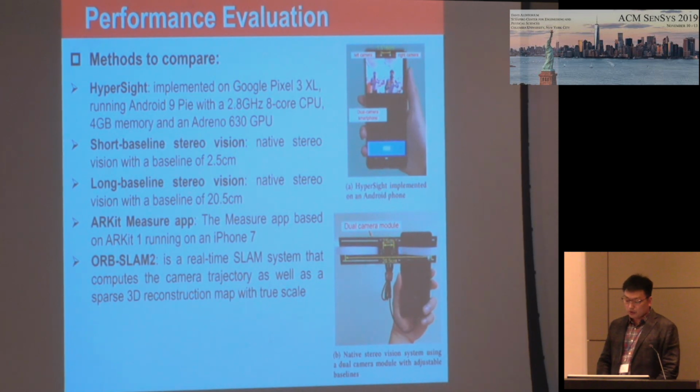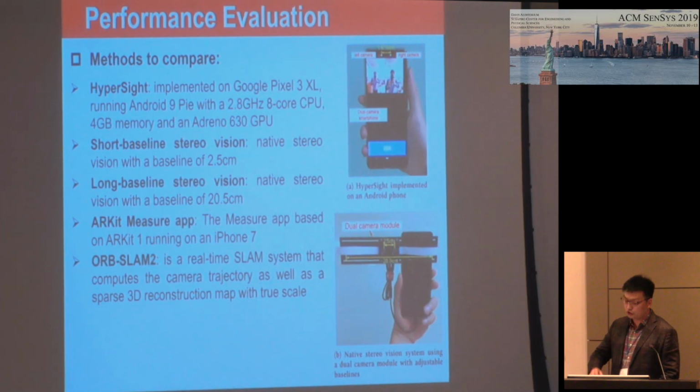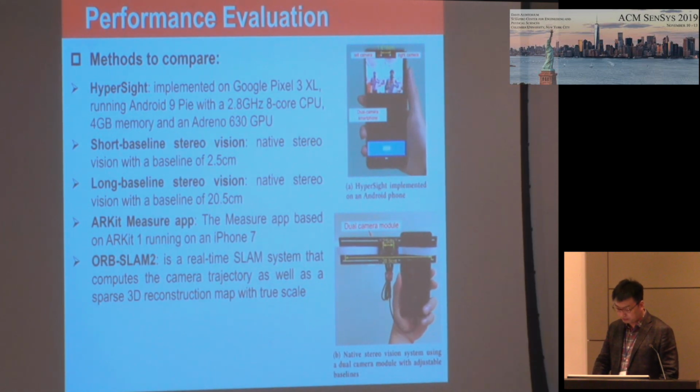So they give 2 methods to compare: the short baseline stereo vision and the long baseline stereo vision. We also compare with the Measure app you can find on the iPhone or iPad. We also compare with ORB-SLAM 2, which is also a real-time SLAM system that computes the camera trajectory, as introduced in the previous presentation.